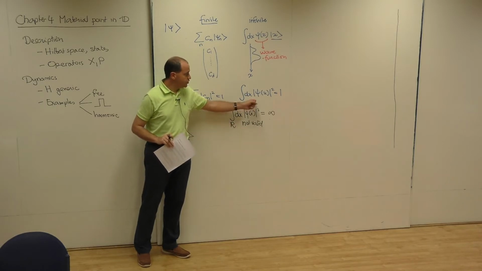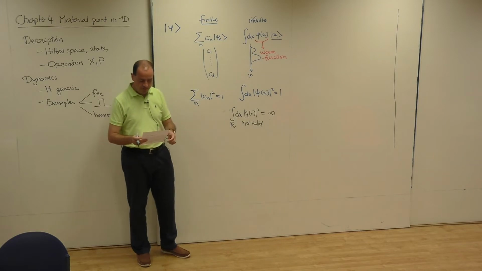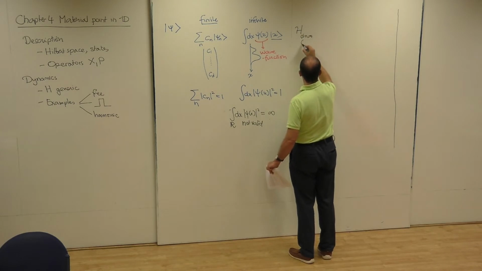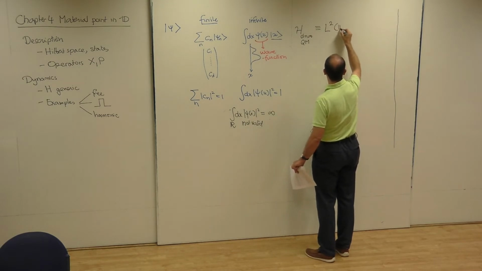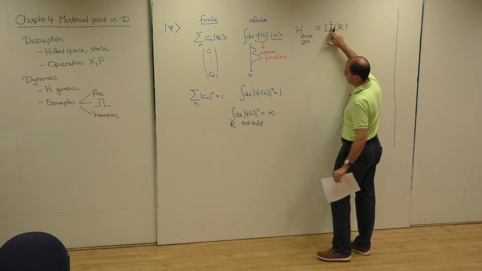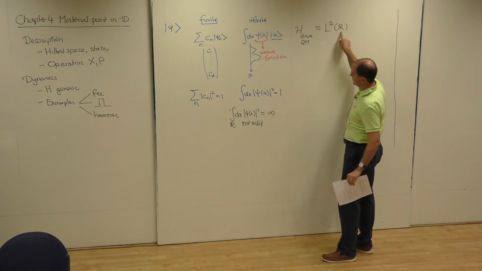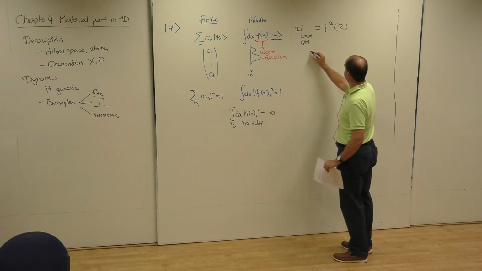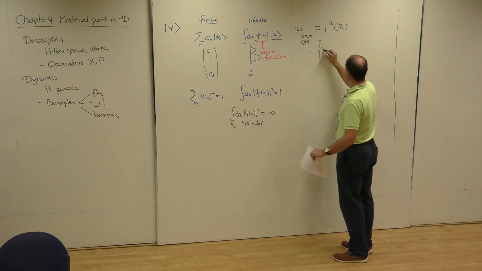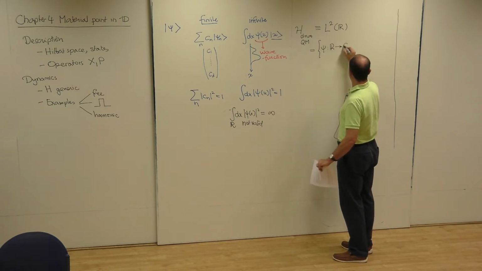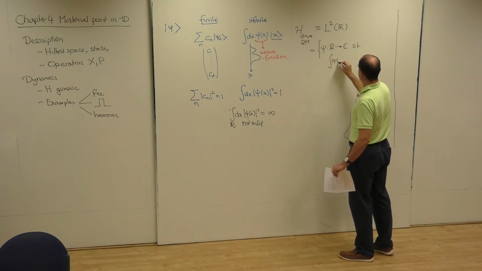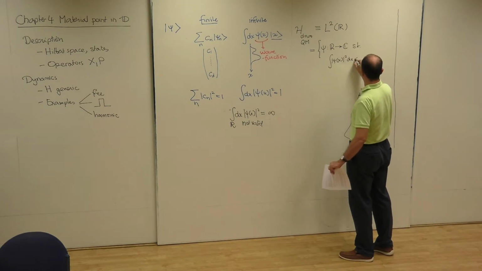And this leads to the definition of the Hilbert space. So the Hilbert space that we are going to use in infinite dimension, for quantum mechanics, is usually denoted like this, L2 of R, where the 2 represents the square, the R represents the fact that this x is a real number, and it is defined as the set of functions from the reals to the complex numbers such that the integral of |ψ(x)|² dx is smaller than infinity.